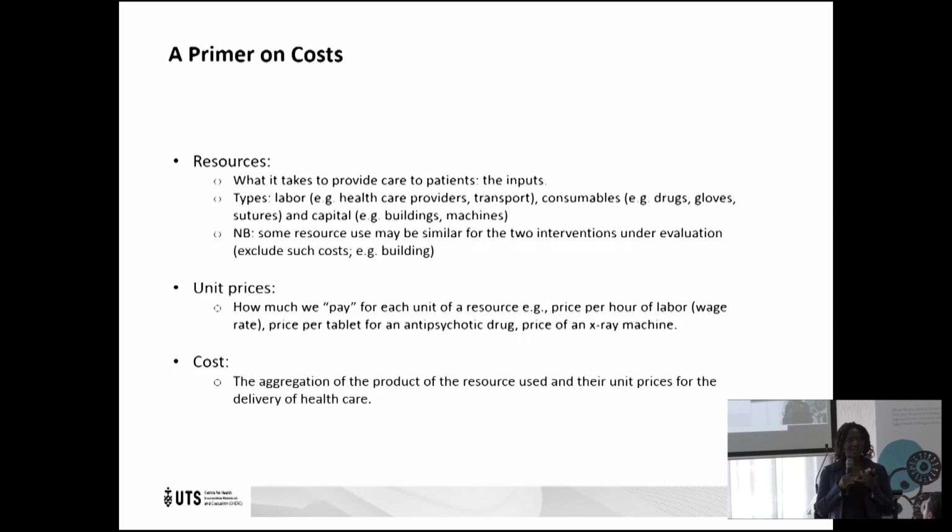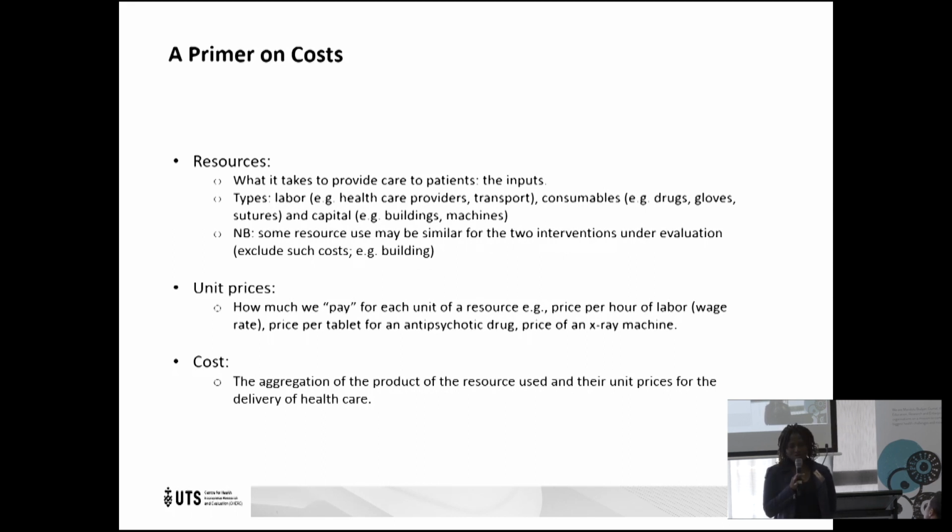You want to consider the labor that is going to undertake that particular intervention. Even if it's a drug, if it's an injection, a nurse or a doctor is going to give it, so there is a labor component to it. You also want to look at capital costs, where it will be given. That is where you talk about the building.